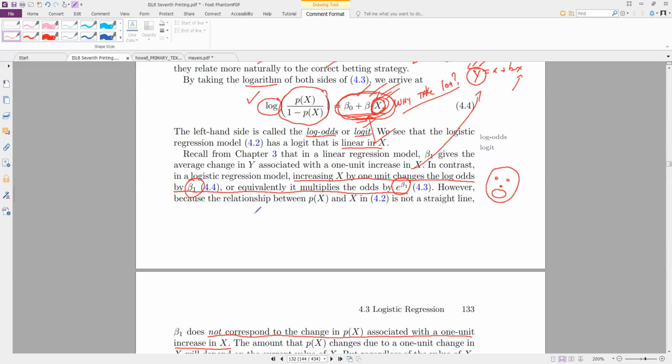That's not a very good interpretation. You see that interpretation sometimes, and it's a little bit crude, but it's not the best interpretation. The much better interpretation is that it multiplies the odds by e to the B1. So we see that odds are multiplicative in this case. It's not the same thing as the classical regression situation.